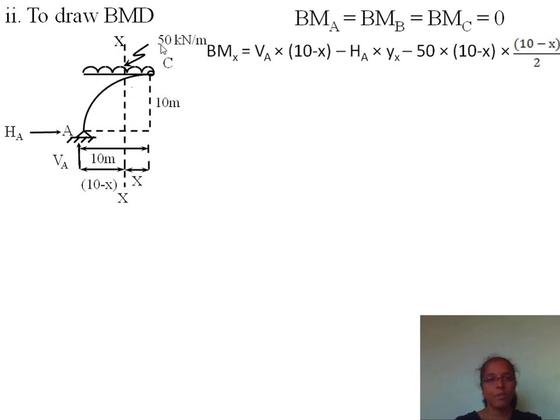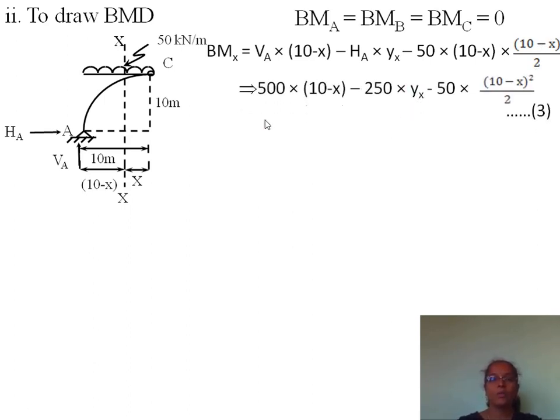And then 50 into 10 minus X into 10 minus X by 2, considering only this much. Substituting the values, we get 500 into 10 minus X, minus 250 into YX, minus 50 into 10 minus X whole square by 2. Take it as equation 3.